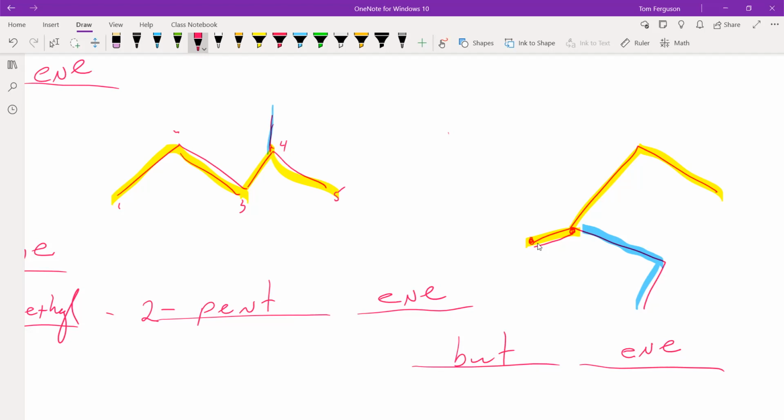Okay, so on carbon number 1, we have a branch at carbon number 2, and that is 2 carbons long, so that's ethyl. So 2-ethyl-1-butene will be that one.